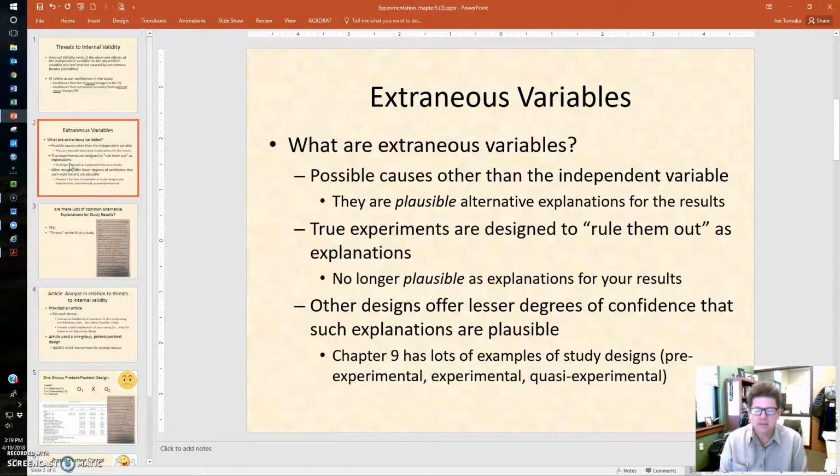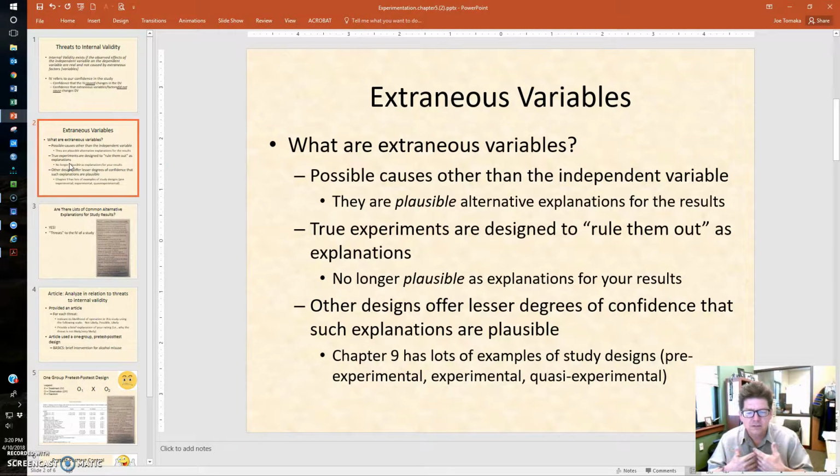As we'll see, true experiments are designed to rule out these extraneous variables, these alternative explanations. In other words, to make them no longer plausible as explanations for the results, leading you to conclude that what caused the difference had to be the independent variable. And as we get into the example, I'll try to demonstrate that a little bit more.